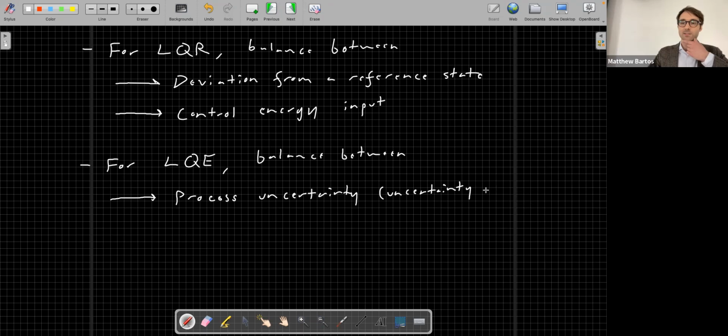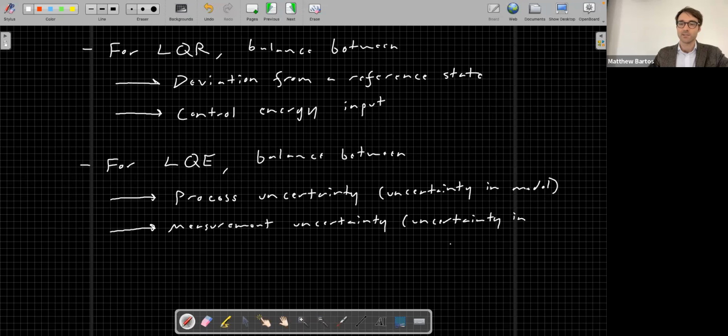I'll just say uncertainty in our model. And we're going to be balancing that with measurement uncertainty, so this is uncertainty in our sensor measurements, for instance. I'll just say uncertainty in sensor measurements.